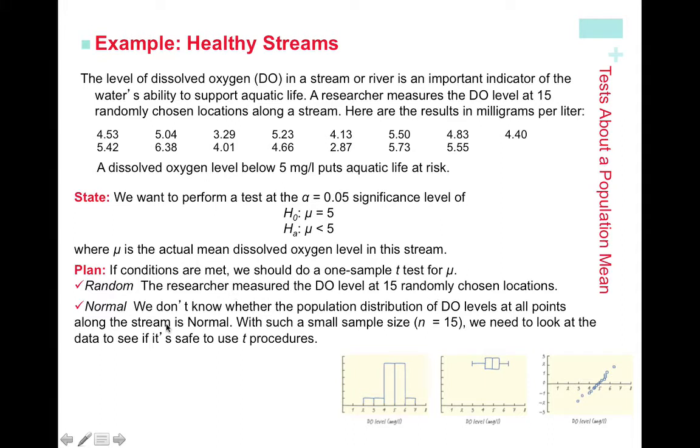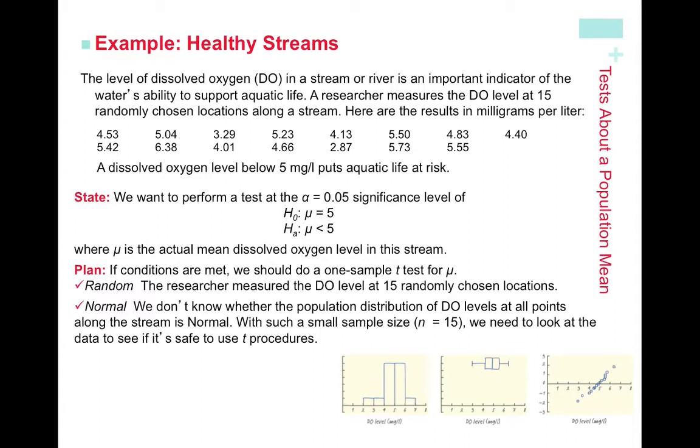Alright, the normal condition. Here's the thing about it. It doesn't say that the population is normal. The sample is not bigger than 30, so they're going to look at a graph. You don't need to look at all 3 of the graphs. Just look at one and state that you looked at it and you don't see any major skew or any outliers, so you're safe to use the t procedure.